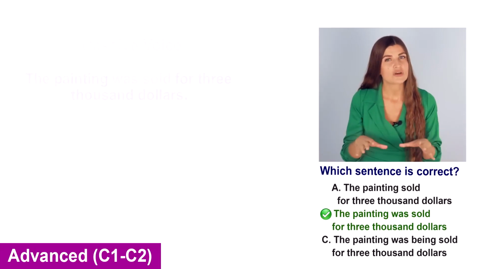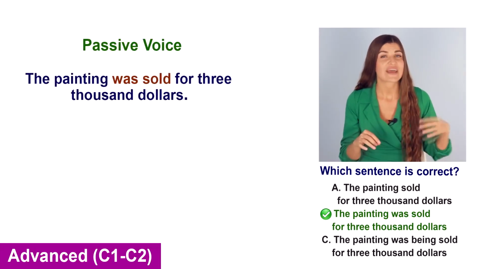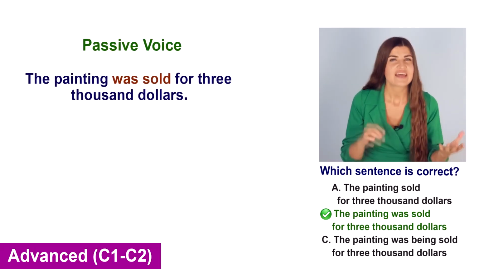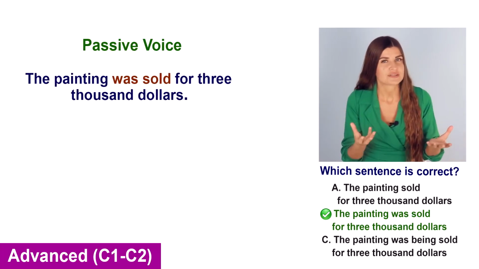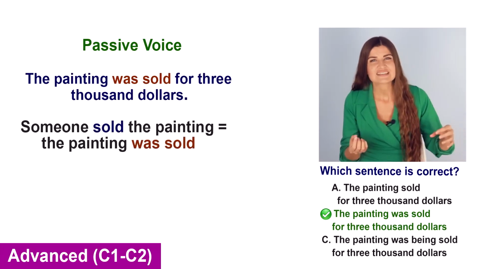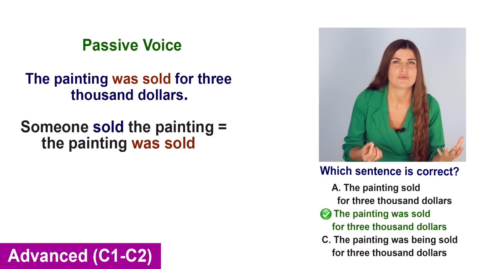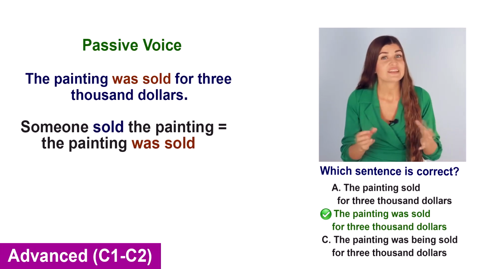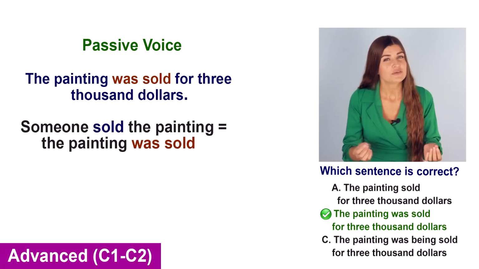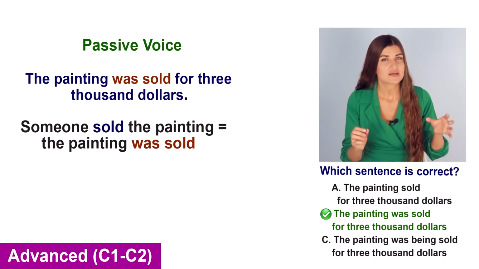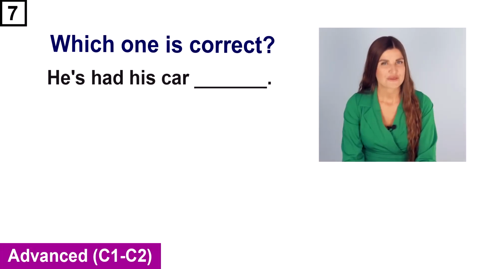The passive voice is used when we want to emphasize the action and the subject is not important. Was being sold is a passive continuous form, but we don't have any marker words here, so the answer is B. Was sold.